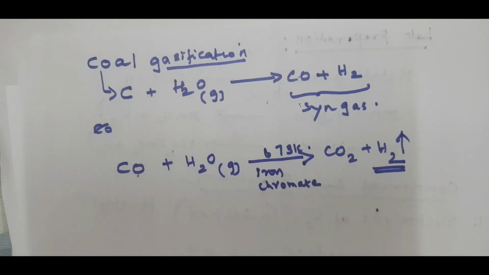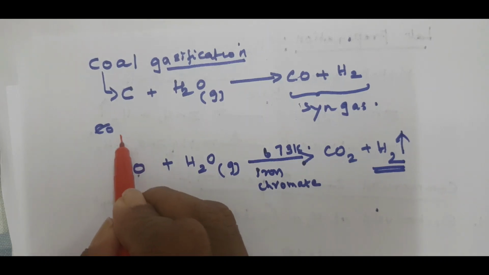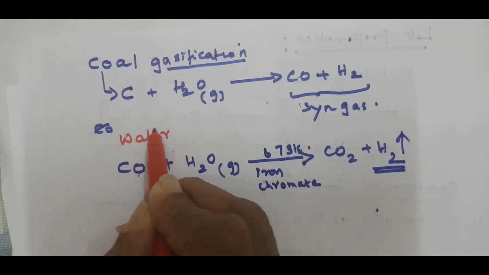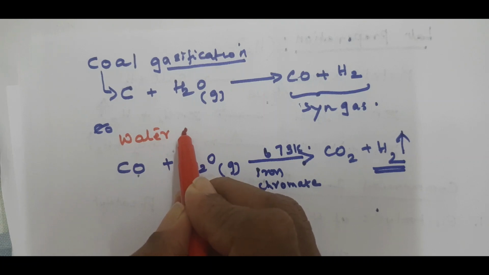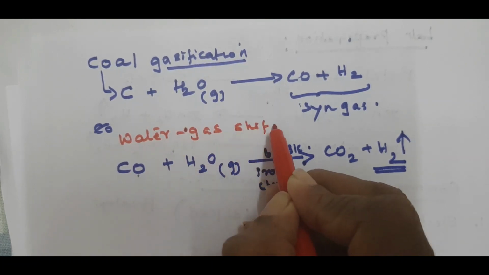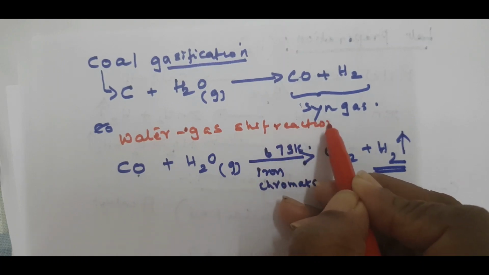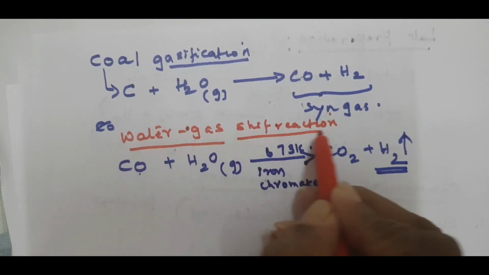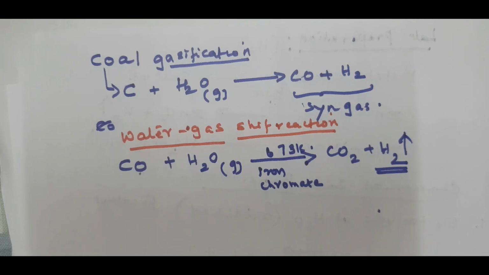Now, what is this process called? This process of making more hydrogen is called the water gas shift reaction. So one more reaction for the production of hydrogen is the water gas shift reaction. What is the water gas shift reaction?